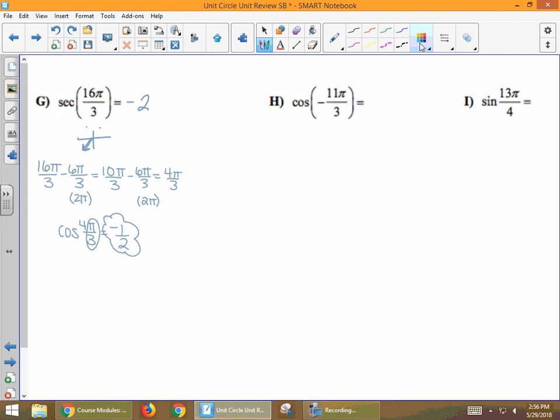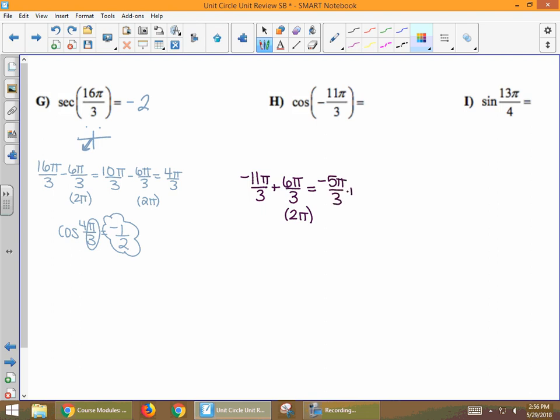All right, negative 11 pi over 3. We're working with cosine. We've got a lot of thirds here back to back. I feel like I've been adding or subtracting 6 pi over 3 a lot. So again, just like with the last problem, I'm going to add 6 pi over 3 and see where I end up. Negative 11 plus 6 is going to get me to negative 5 pi over 3.